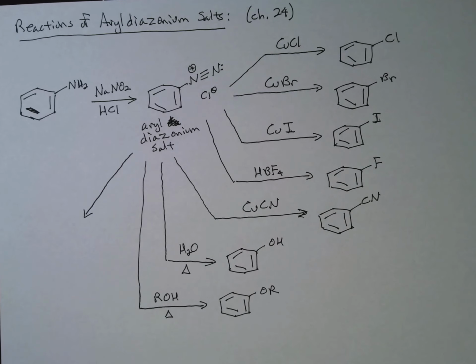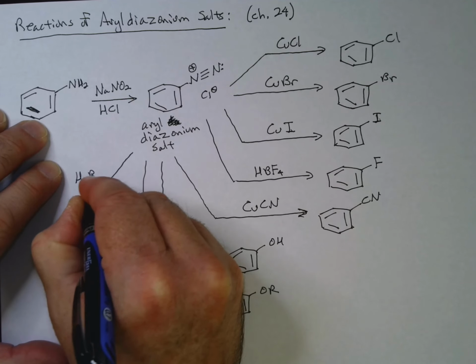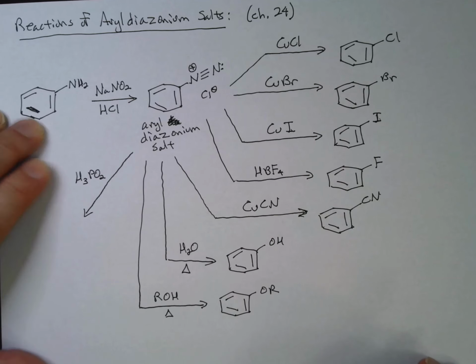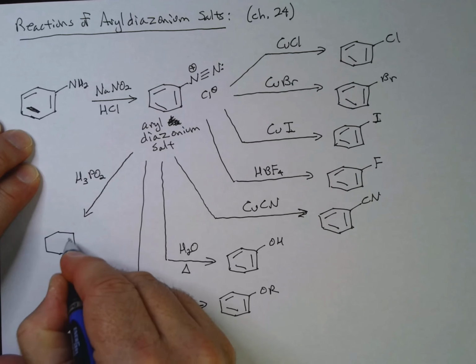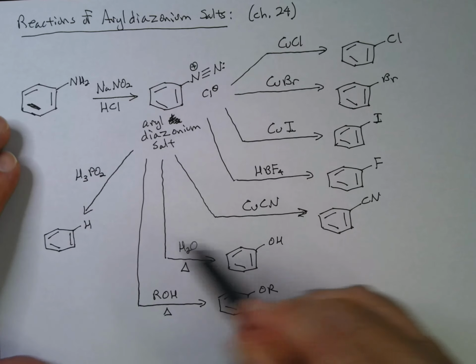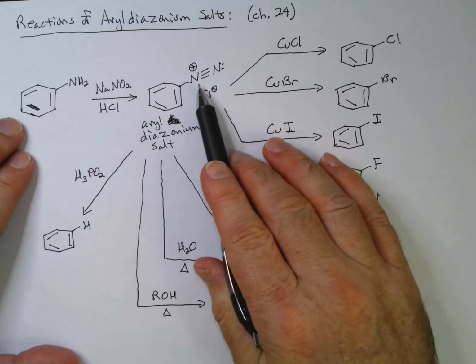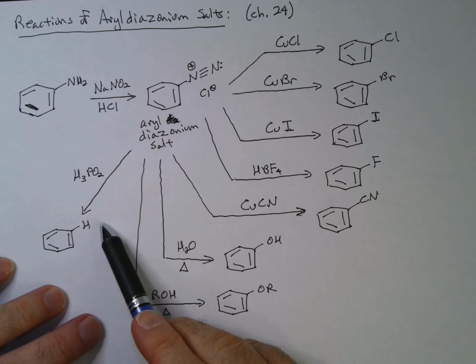And lastly, I'll put it over here on the side because it's kind of a funky one. We will use hypophosphorus acid, H3PO2. And what that gives us now is benzene. I'll put in the hydrogen just to show you that we're swapping out a hydrogen for the nitrogen. And you may ask yourselves, why would we ever do that? The reason is that this could be synthetically useful.